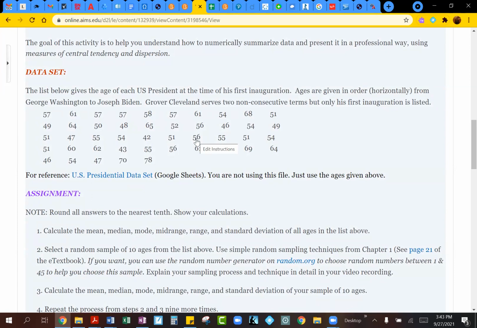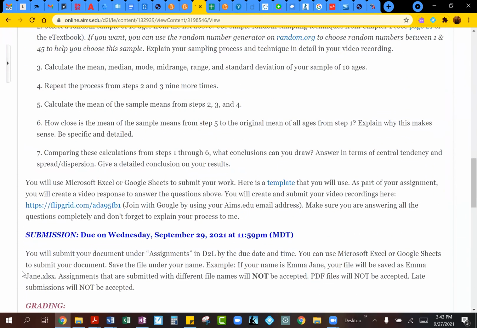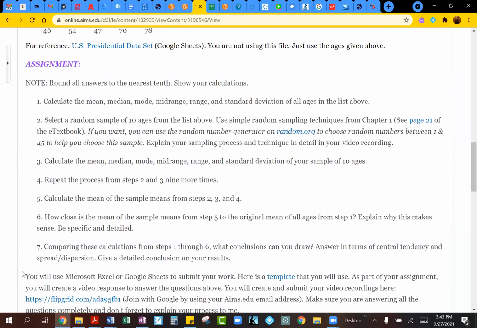So basically use the random number generator so you have no control over what numbers you come up with, and you can select the age related to that number. That's all I can think about as far as this assignment goes.